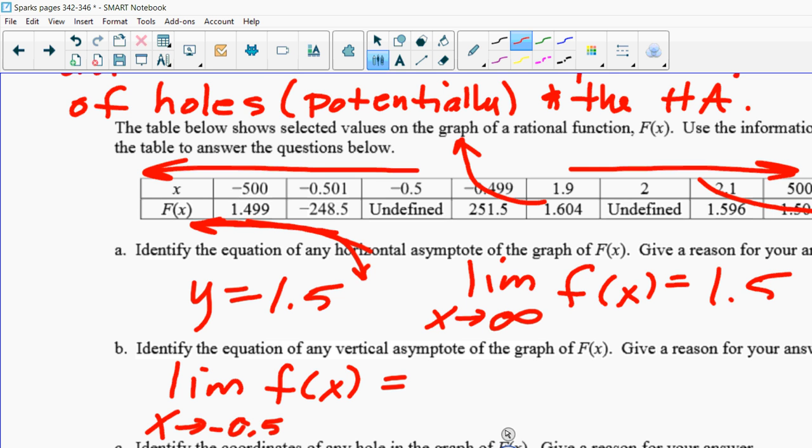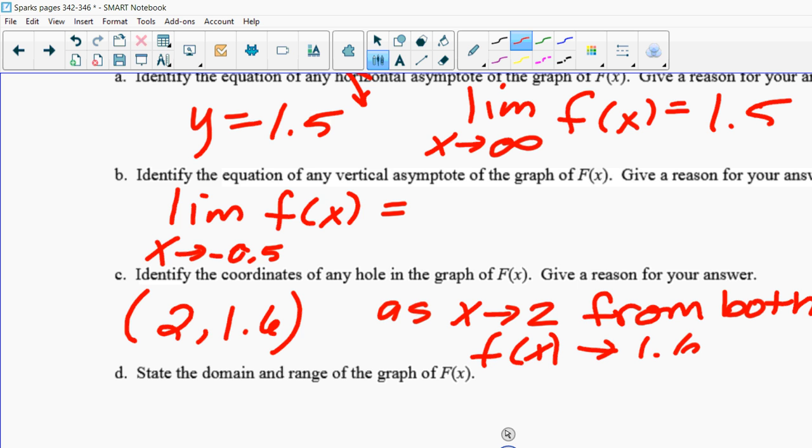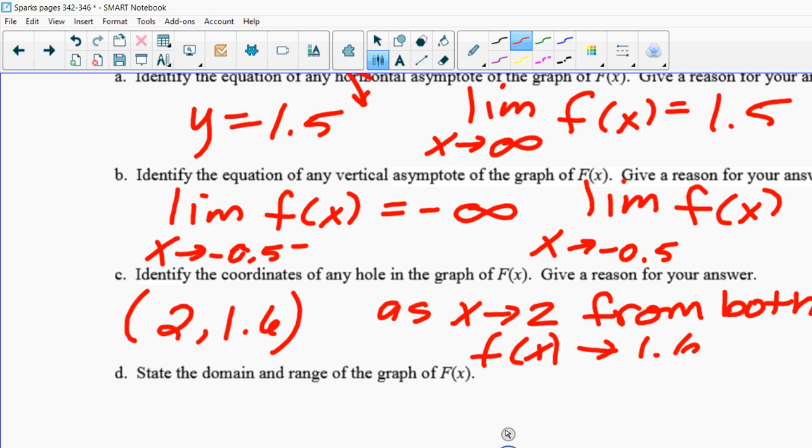So what we would have to say is, the limit of f of x as x approaches -0.5 from the left is negative infinity, and the limit of f of x as x approaches -0.5 from the right is positive infinity. I remember learning how to do that and feeling really smart, thinking I was like some big hotshot because I understood that.